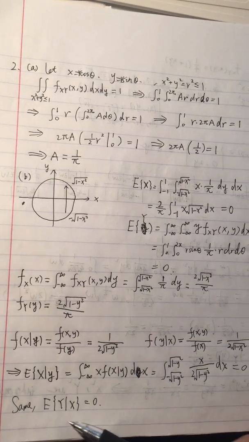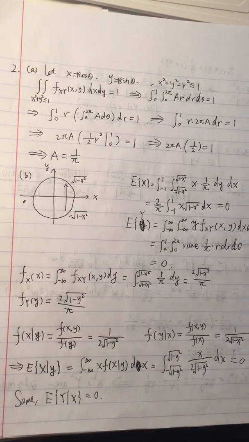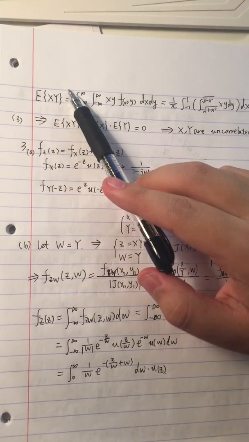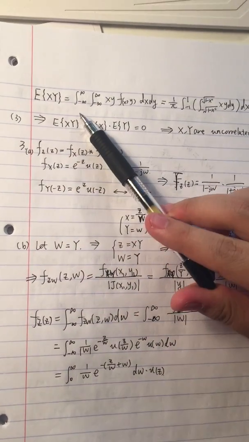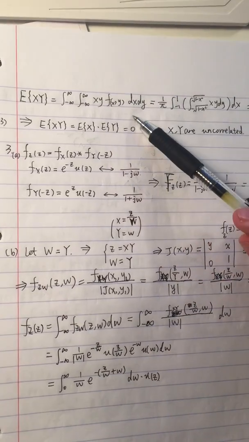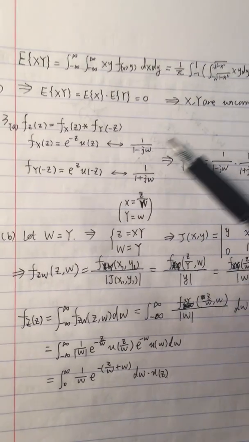And the same for E[Y given X], which is also 0. For the last question, E[XY] is the integral from minus infinity to infinity of x times y times f(x,y), so we can get that it is also 0.